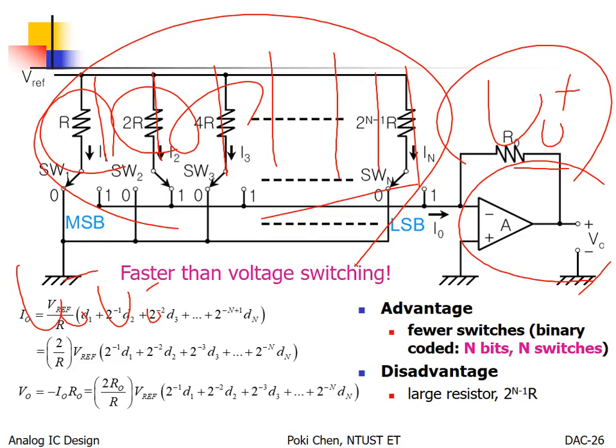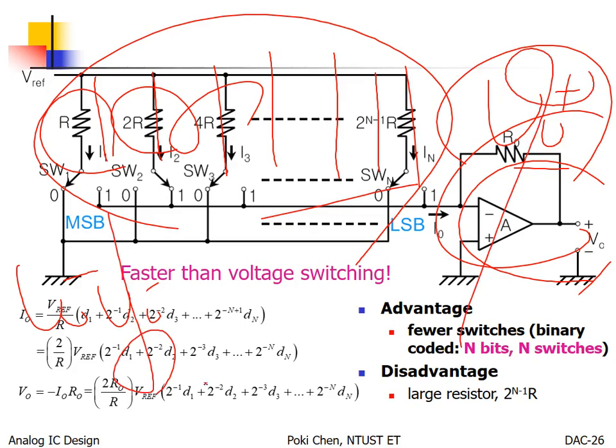So what do I mean? If you get more positive output, it means what? Less negative output. That's it. Okay? This one higher, that one lower, that one higher, this one lower. Congratulations, they are fully differential. That's it.